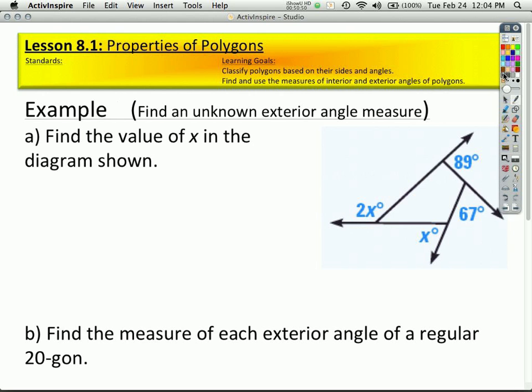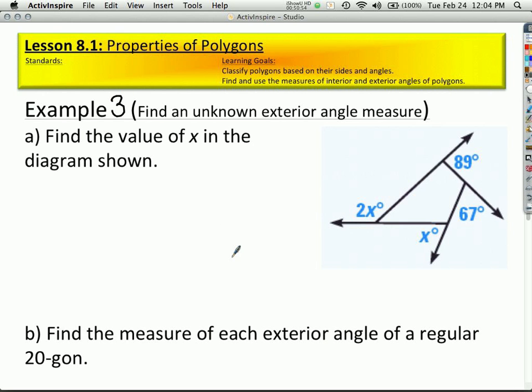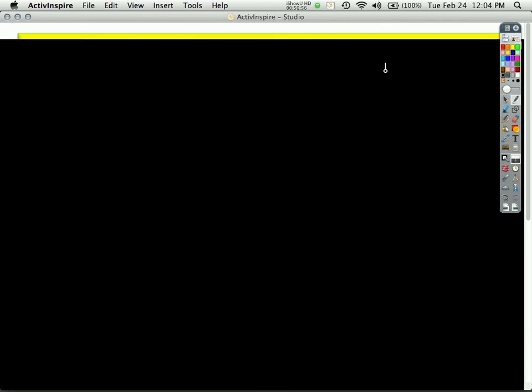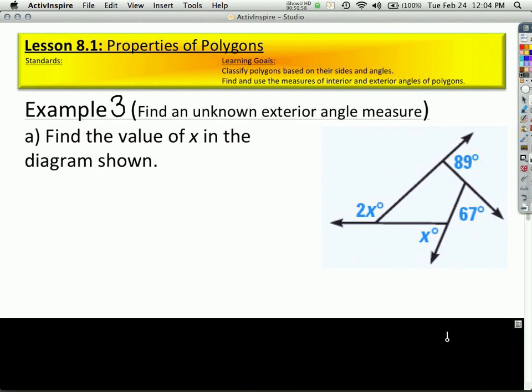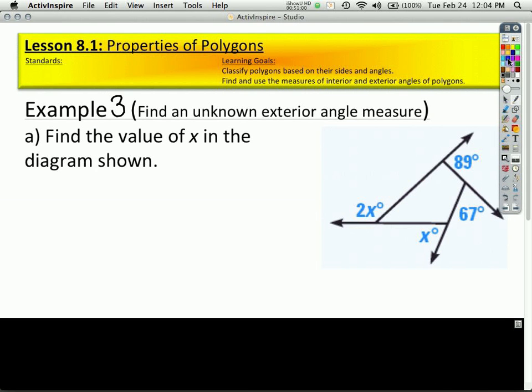So now we add in the last tool that you actually discovered last time we were together. The polygon exterior angles theorem.